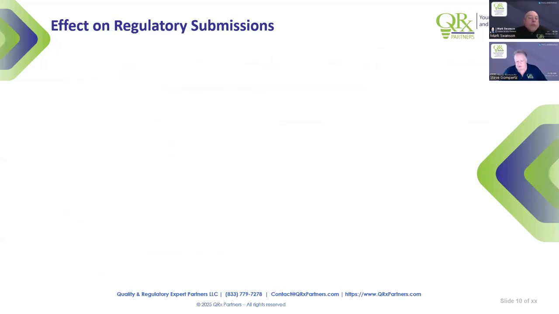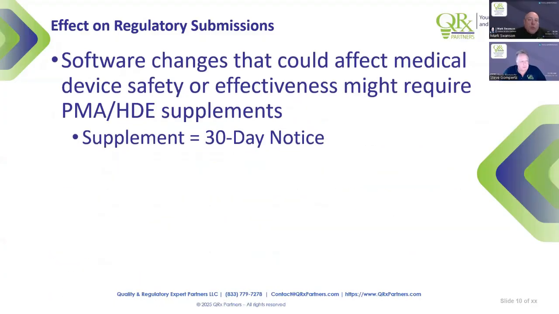All right, this is an interesting one: effect on regulatory submissions. Particularly where you're doing it in a production environment, when you change the software, you're basically making a manufacturing change, right?